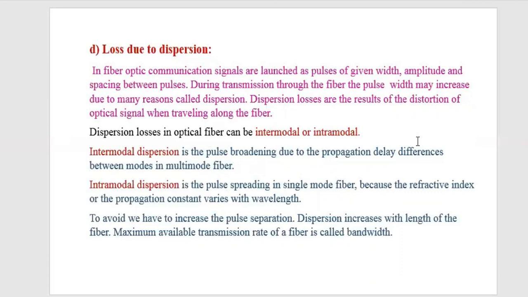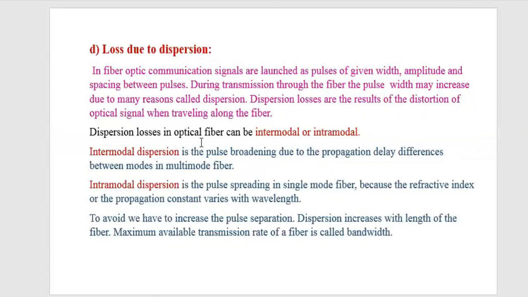Dispersion losses are again classified into two types: intermodal and intramodal. Intermodal dispersion is pulse broadening that takes place due to the delay in the different modes passing through the material, that is, multimode fiber materials. Whereas intramodal is pulse broadening taking place due to the refractive index of the material used.